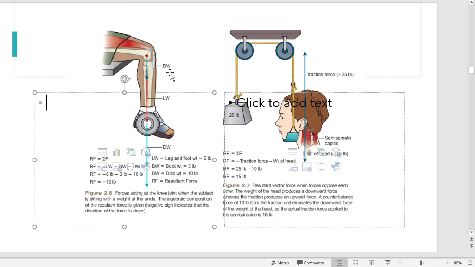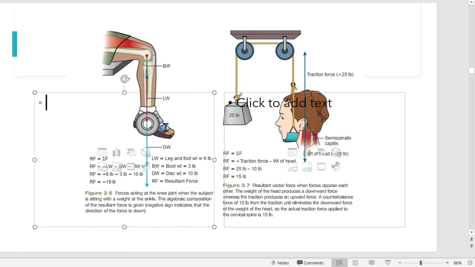So if you are asked to solve for the resultant force, you can use your computation, di ba? The equation now will be minus 6 pounds, which is the weight of the leg and foot, and minus 3 pounds, which is the weight of the boots.